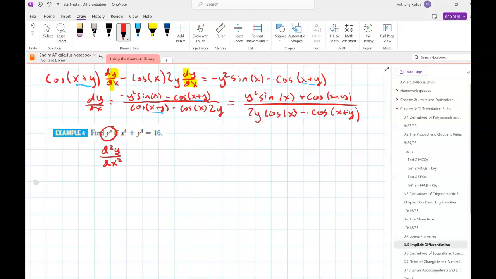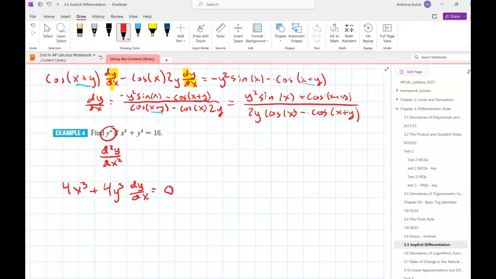So derivative of 4x squared is, I'm sorry, 4x cubed. Thank you. And then plus 4y cubed dy dx, and that equals 0.